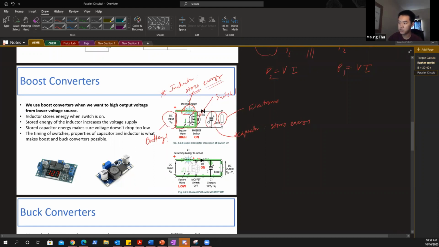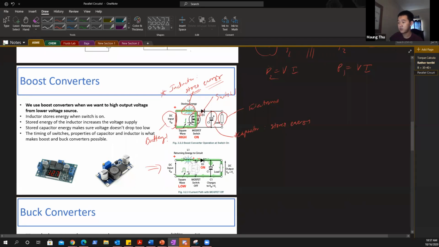But once the switch is off, like here in the second figure, all of that stored energy wants to be released, right? But it cannot be released immediately. It has an acceleration, and with acceleration there's going to be a force, depending on how much current is being applied in the circuit.